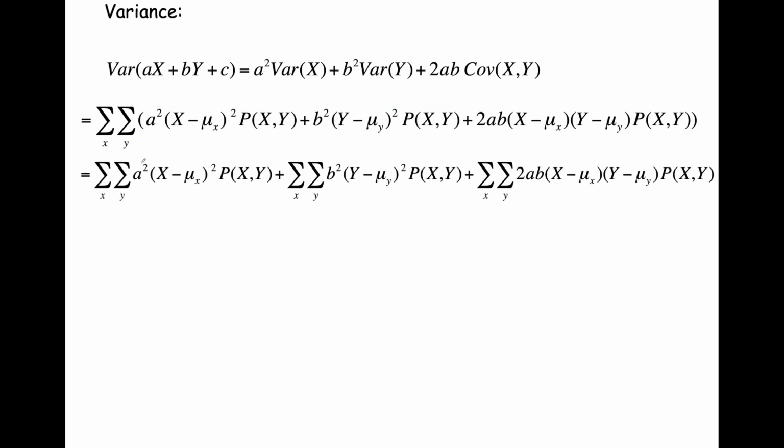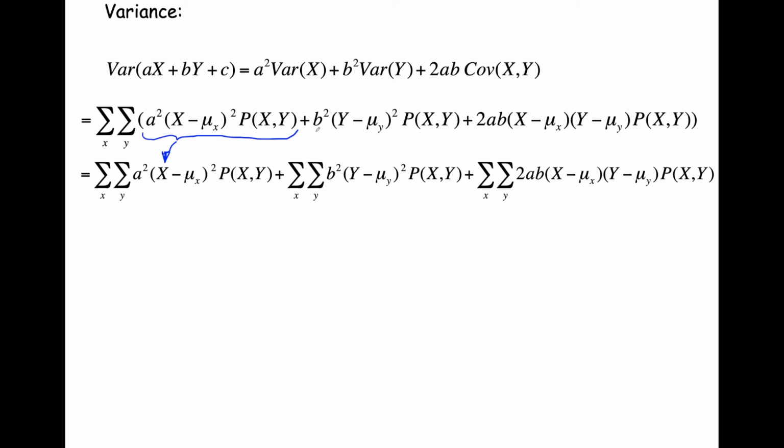And by doing that, I'm associating summations of all the first terms, all the second terms, all the third terms, and then taking those sums and then summing them. So I rewrite this as all of the instantiations of x and y for the first term. That's here. So I have my double sum for x and y, a squared x minus mu x quantity squared times p of xy.